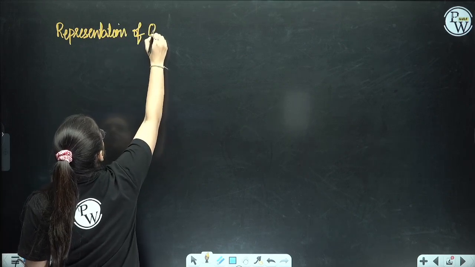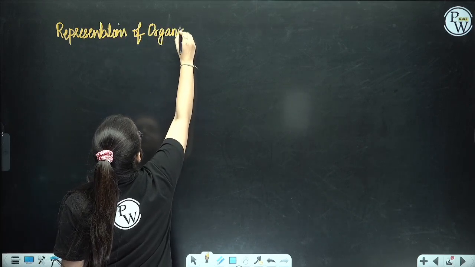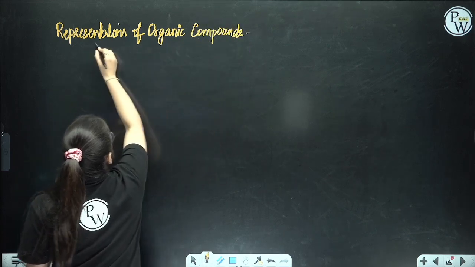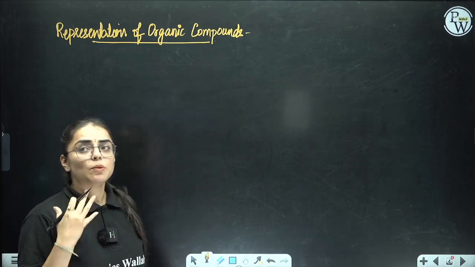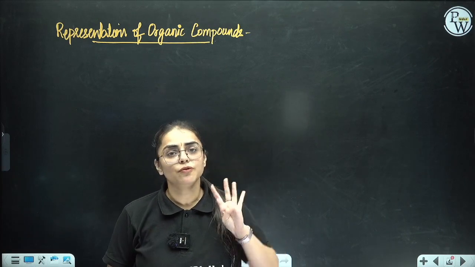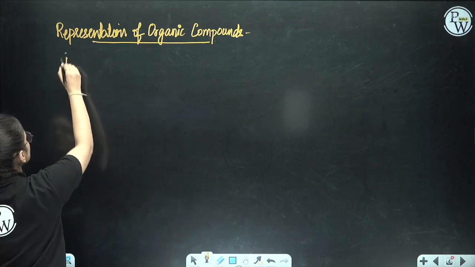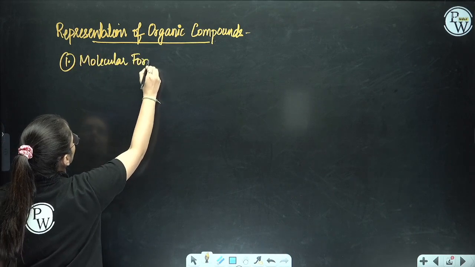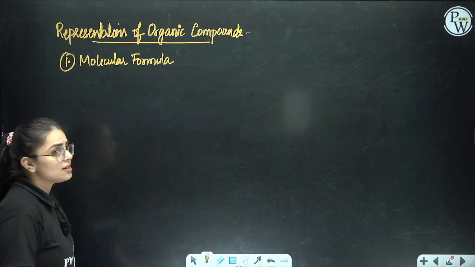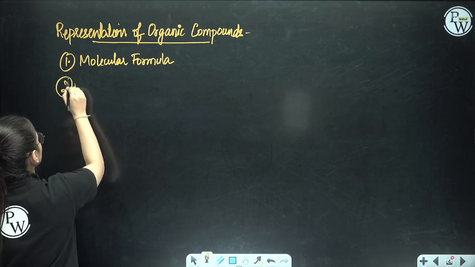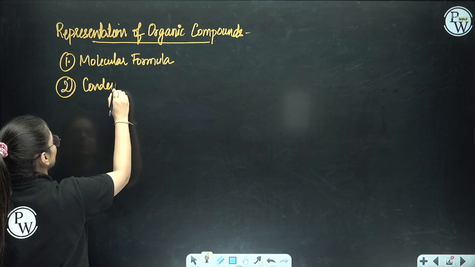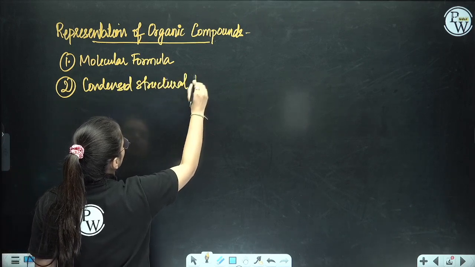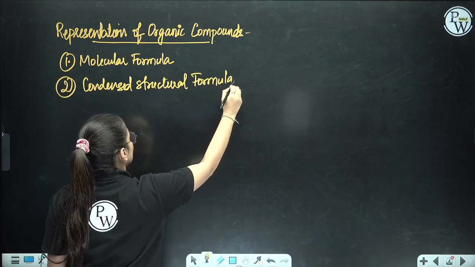The representation of organic compounds. Now, when we are going to represent organic compounds, we can do so in four ways. The very first way, students, is molecular formula. The second way to represent is condensed structural formula.